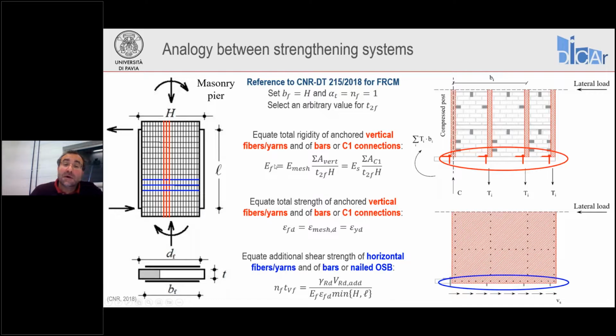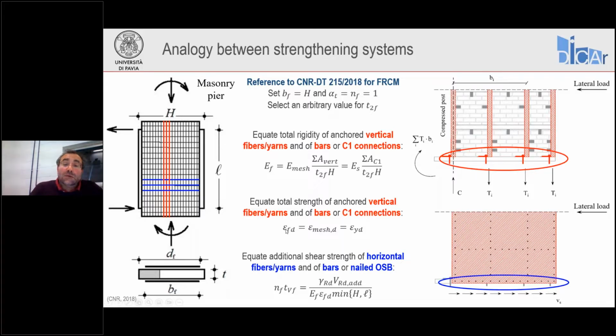So the value of the elastic modulus of the equivalent FRCM fibers that we have to consider is based on the actual elastic modulus of the composite mesh or of the steel used for the connectors, and depends on the overall areas, of course, either of the mesh for CRM or overall area of all the connectors at one interface for our timber system.